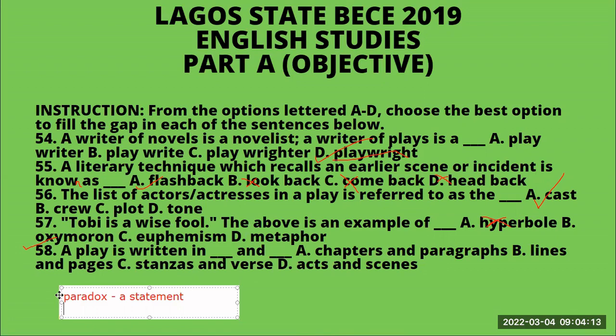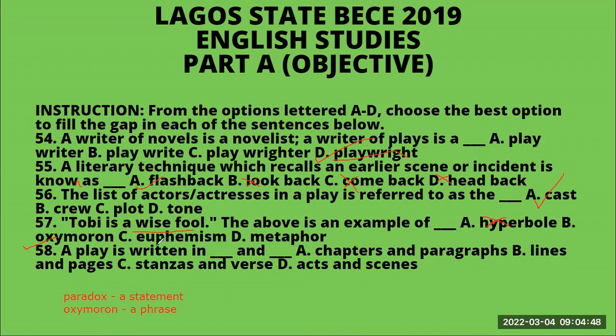Now, the difference between paradox and oxymoron is that oxymoron is essentially a phrase. All right? You look at the word wise fool, it is a phrase, but a paradox is a statement. So take note of the difference between a paradox and an oxymoron.